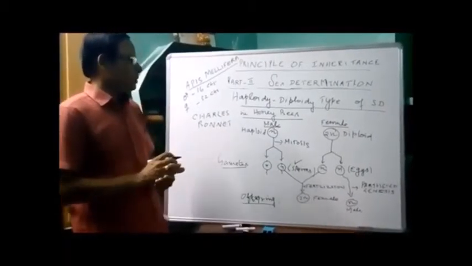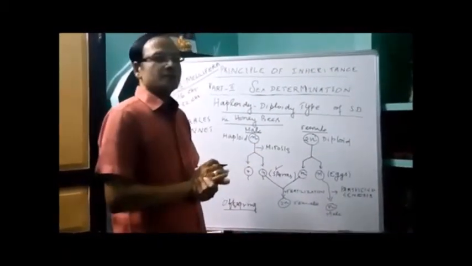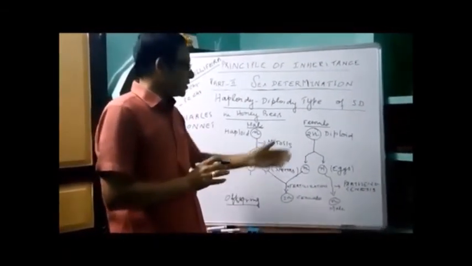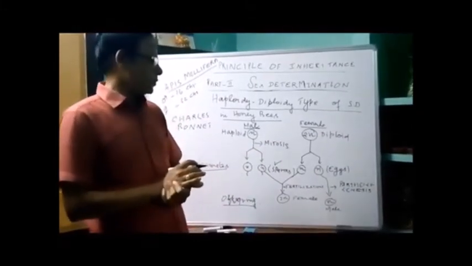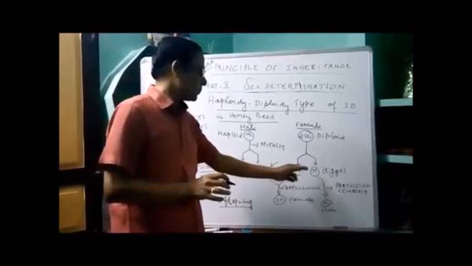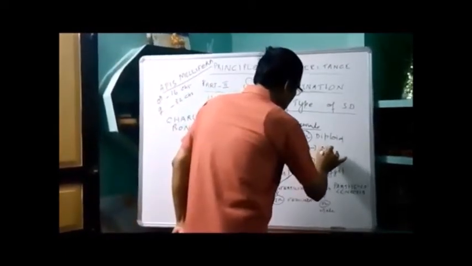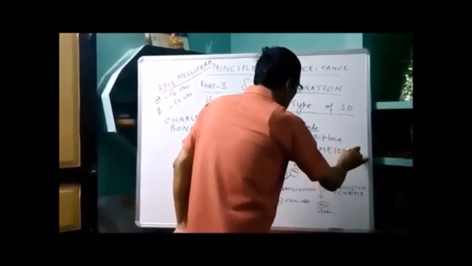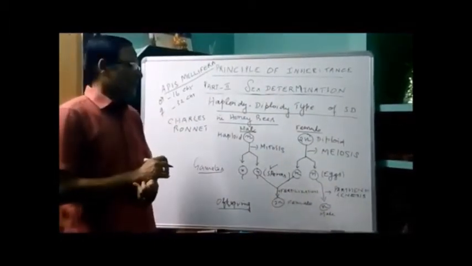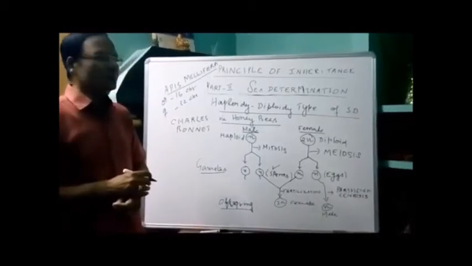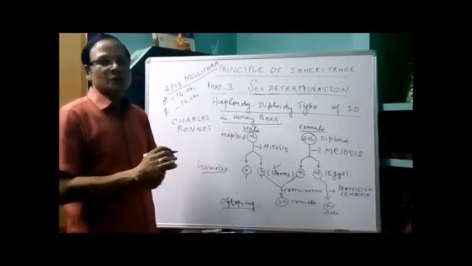Unlike the male, the females are diploid and undergo meiosis during gamete formation to form haploid eggs. So the male gametes are formed by mitosis and the female gametes by meiosis. So here n number of gametes, the eggs, are formed.